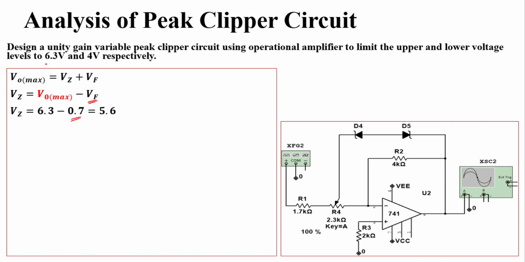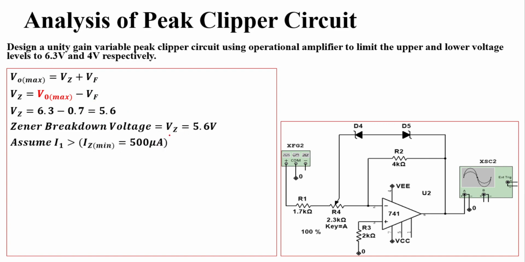And from the question we know that the voltage max is 6.3 volt. So we need to choose a Zener diode with a breakdown voltage of 5.6 volts. This is our first requirement. So we have to use a Zener which has a breakdown voltage of 5.6 volt.